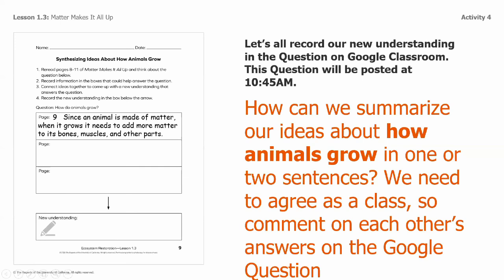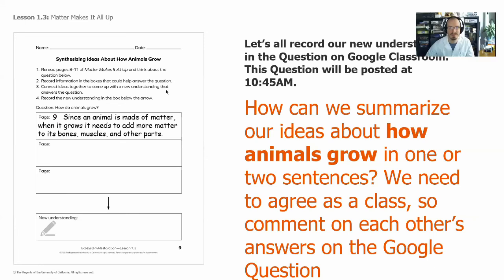So the question getting posted under your week 9 assignments at 10:45 this morning is going to be this one, and I want you to answer it, and I also want you to respond to one other person's answer on there. It should be at least 1 or 2 complete sentences, and we're going to have to come to some sort of agreement as to what we want our whole explanation to be. So I'll take a look at those, and for tomorrow's lesson, I will put them together.